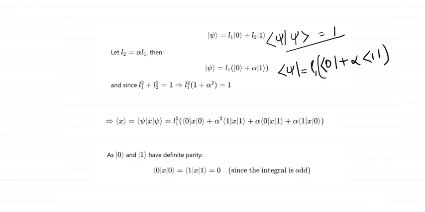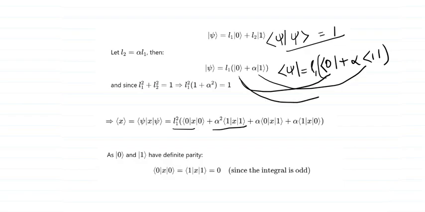Multiplying L1 we get L1 square, and alpha into alpha we get alpha square, 1 into 1. Third term, L1 into alpha, we get L1 square into alpha, and alpha into L1 we get the fourth term.